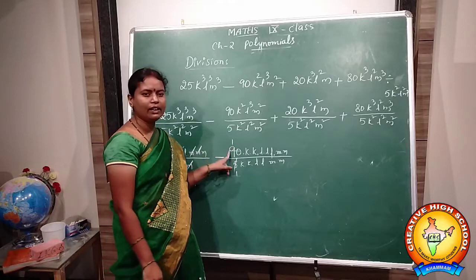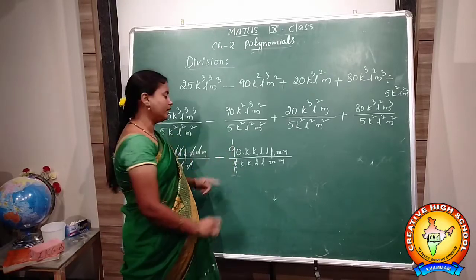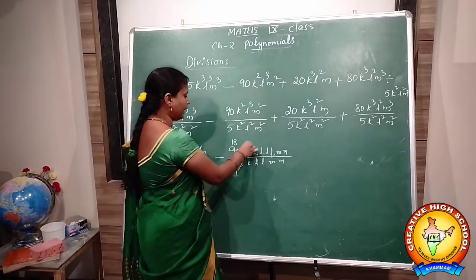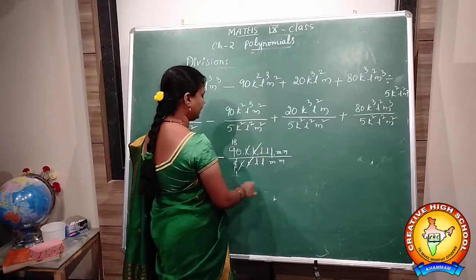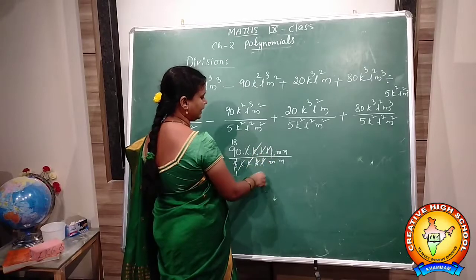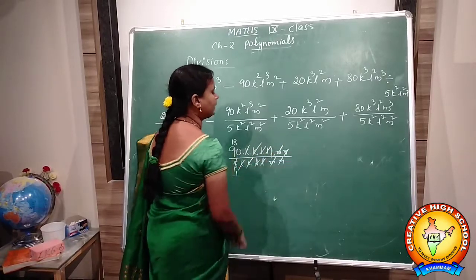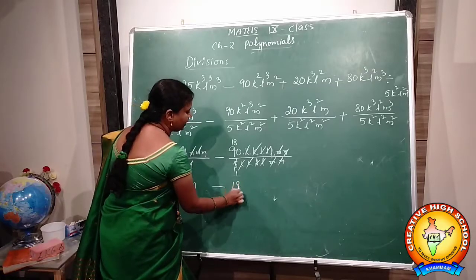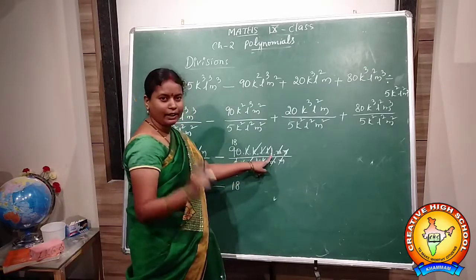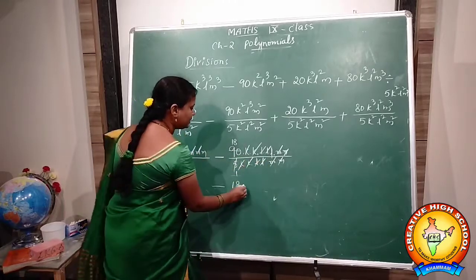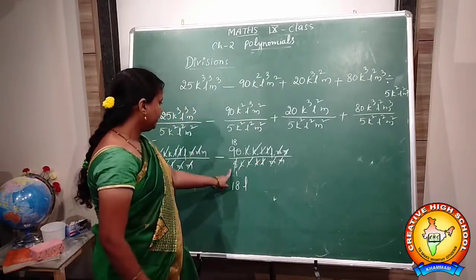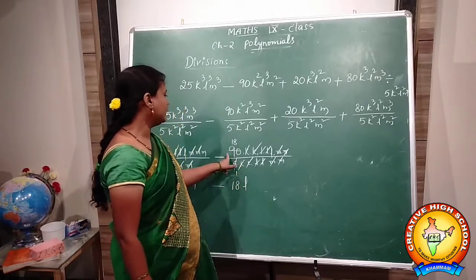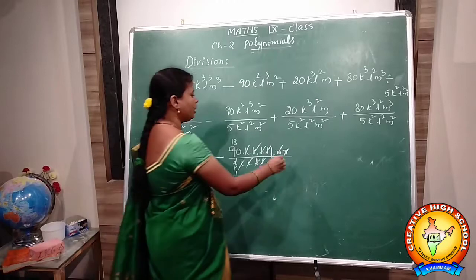What is the remainder here? 4 is the remainder, 40. 5 18s are 90. Now k gets cancelled, k gets cancelled, L gets cancelled, M gets cancelled. So what is left here? Minus 18. Only one L is left here. Minus 18L. Is any number left in the denominator? No. So minus 18L.